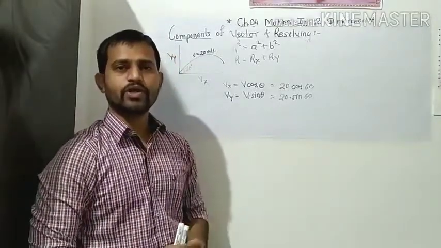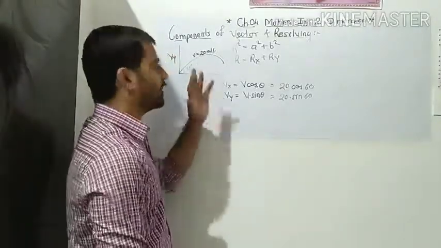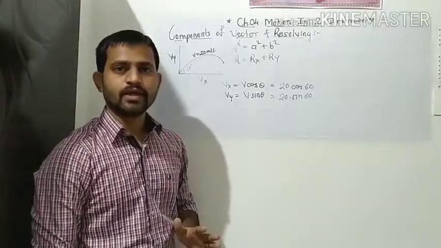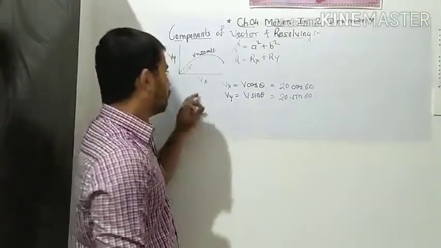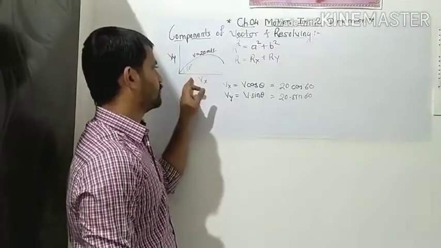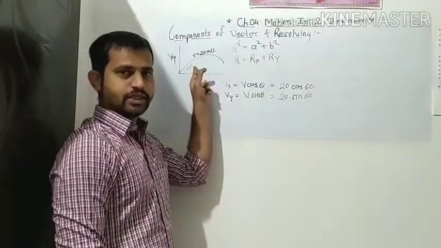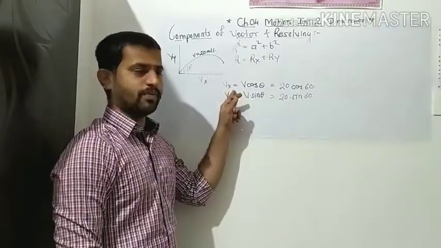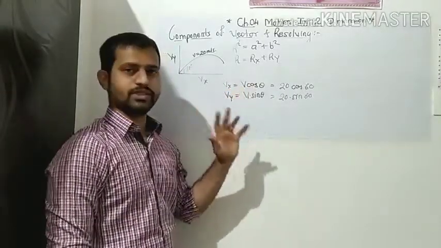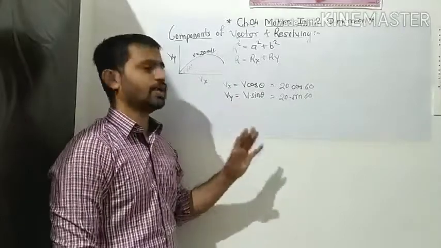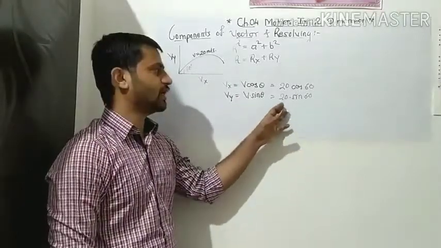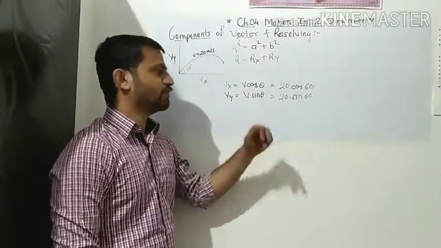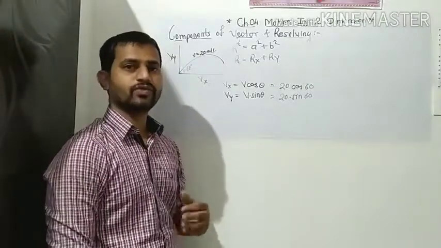We know the value of the resultant here, it is 20 meter per second. We know the angle between one of its components and the resultant. Then using that angle, we can find out its components by Vx is equal to V cos of 60 and Vy is equal to V sin of 60, that is 20 cos of 60, and Vy is equal to 20 sin of 60.